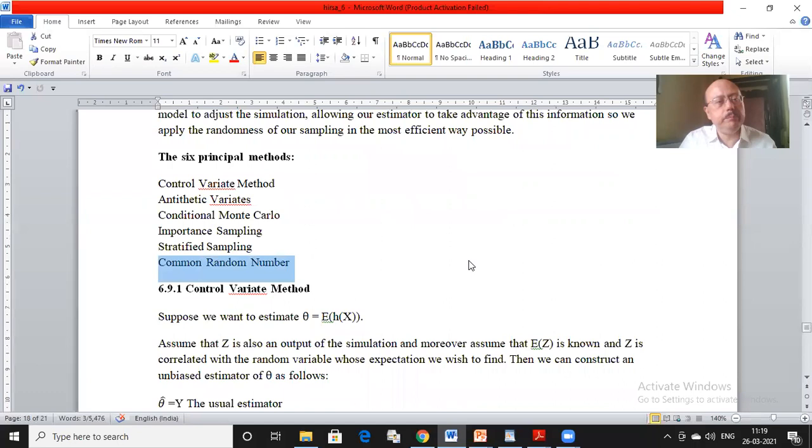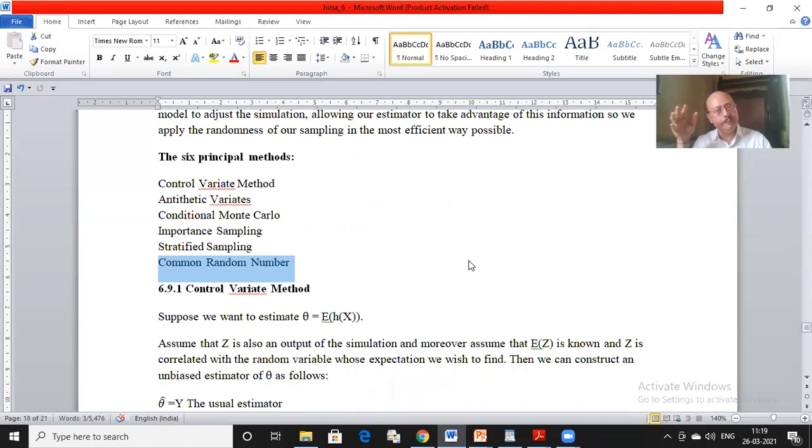So common random numbers is simply the following strategy: suppose I have a simulation algorithm which has many different runs, and in each run, I need not really generate a fresh set of random numbers. The same set of random numbers can be reused. So if I see that there is no linkage between the different runs, I can use the same set of generated random numbers in different runs.